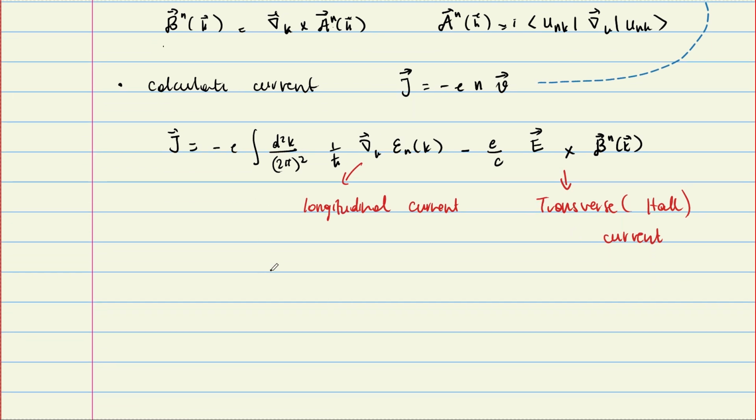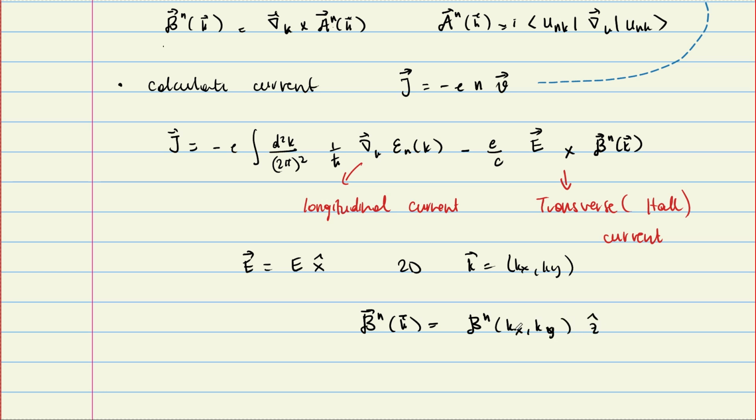Just to make sure, we are taking E equal to some E times x, and the magnetic field is zero, and we are in 2D. k is equal to kx, ky, and in that case, the Berry curvature B_n(k) is going to depend on kx and ky, but it's going to be in the z direction.